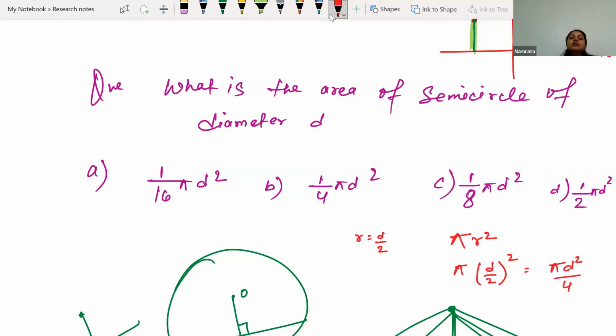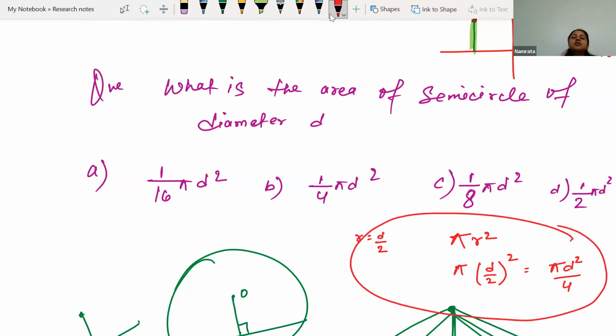Now we have to find the area of the semicircle. This is the area of the circle written in terms of d. What will be the area of the semicircle? Half of this, of the given formula. Which option is the correct option over here?